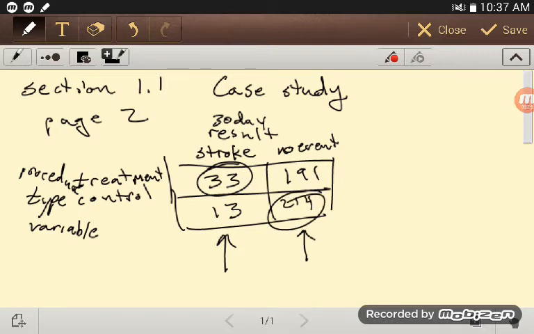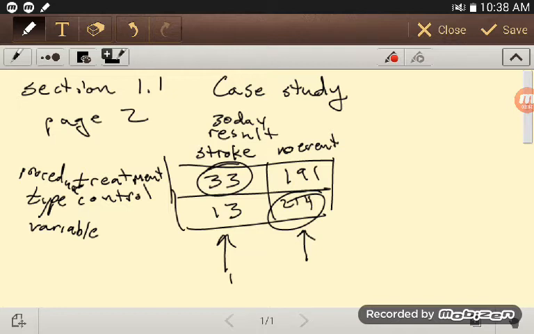So if I knew I was in column 1 here, the stroke event, I would predict that actually they had the treatment. Ooh, that doesn't sound good. And then on the other hand, if you told me nothing had happened to them, I would probably predict they were in the control group.